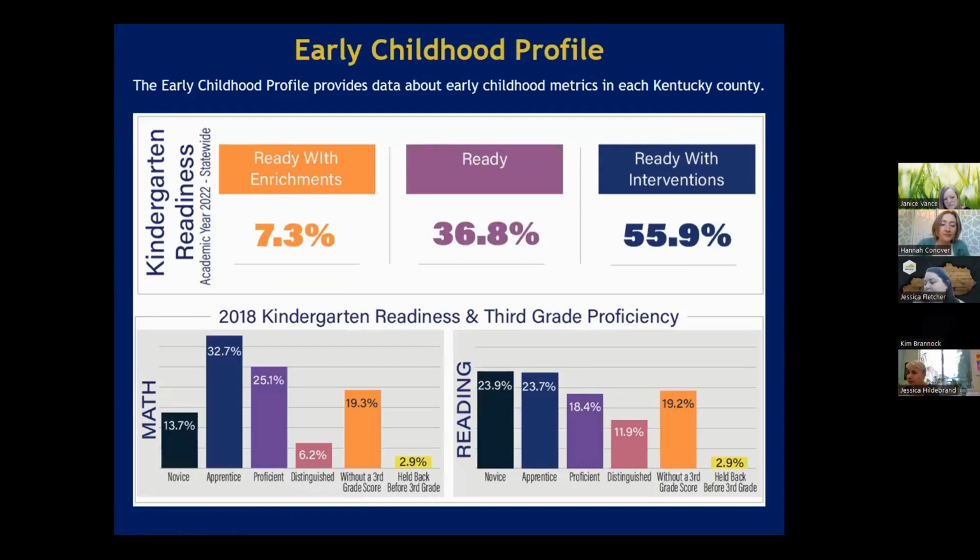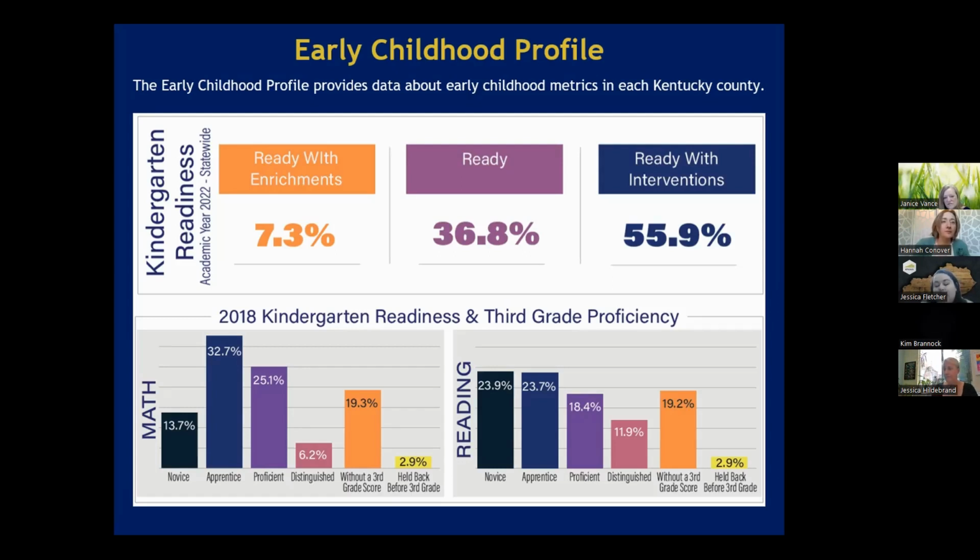So to start off with one of our more popular reports, the early childhood profile provides data about early childhood metrics in each county. So, the numbers that you're seeing on this screen are actually statewide. So basically you would say 36.8% of students are ready for kindergarten when they enter.